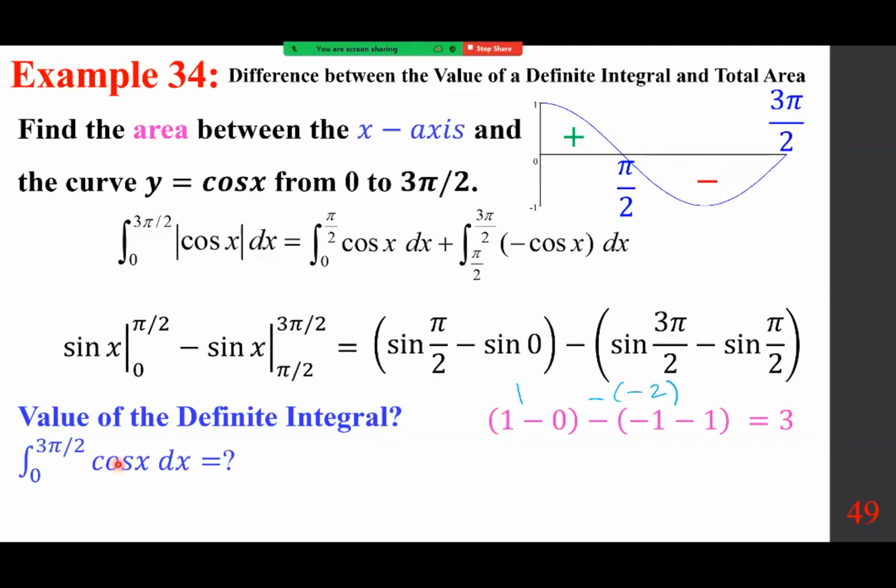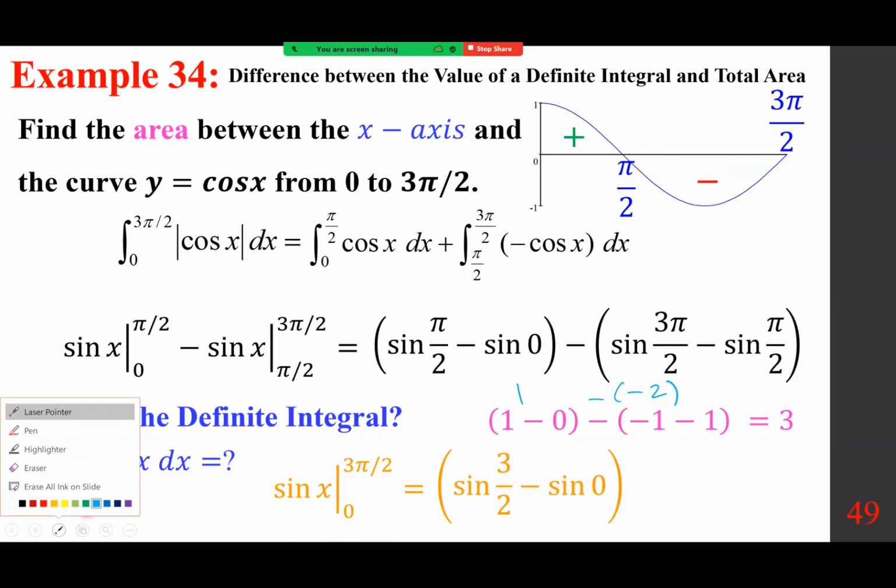So cosine gives you sine, right? And now we're going to plug in sine of 3 pi over 2 minus sine of 0. As you know, sine of 0 is 0. You don't have to worry about it. And the sine of 3 pi over 2, as you all know, is negative 1.